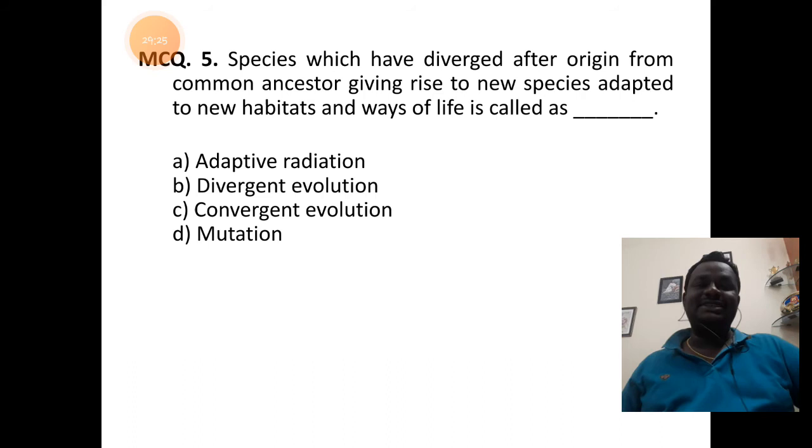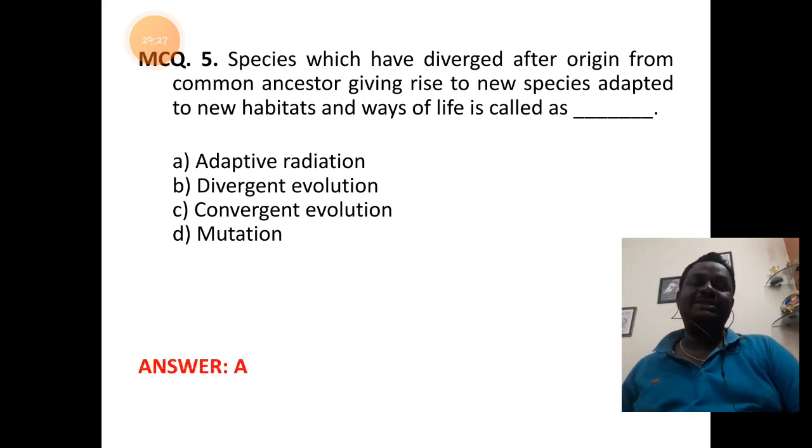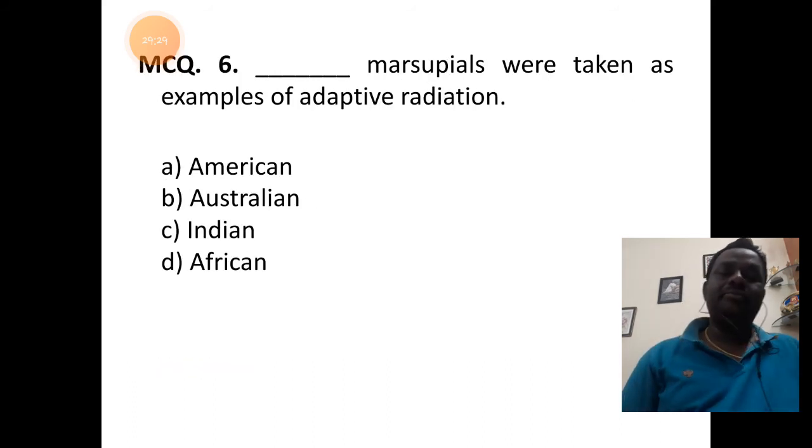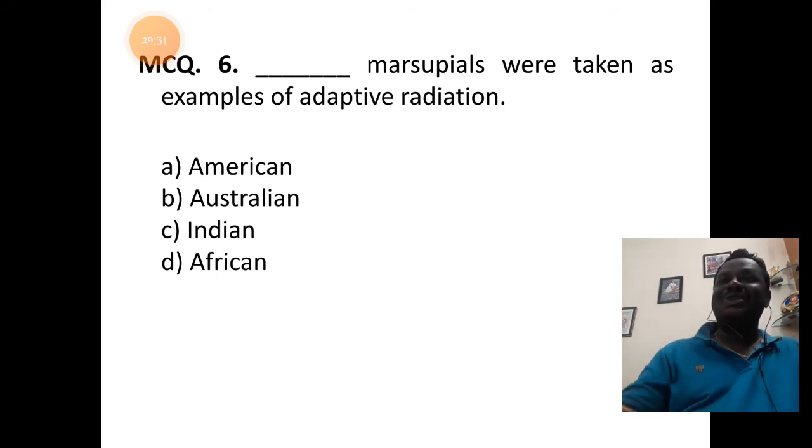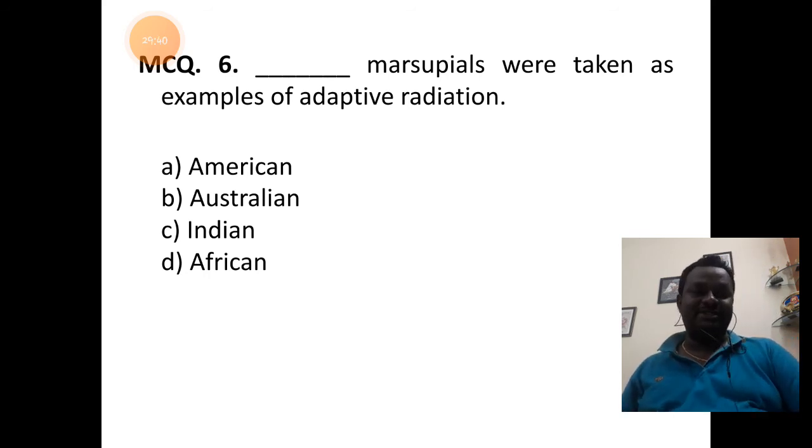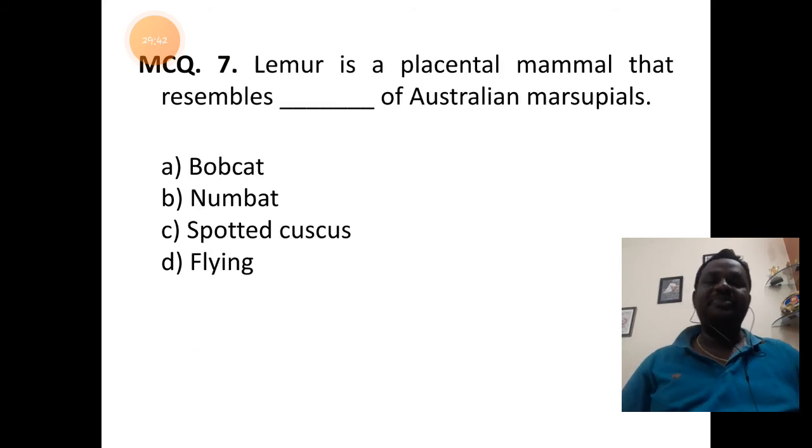It is adaptive radiation. Answer is A. So that is the definition of adaptive radiation. Dash marsupials were taken as the examples of adaptive radiation. It is Australian marsupials. Answer is B.